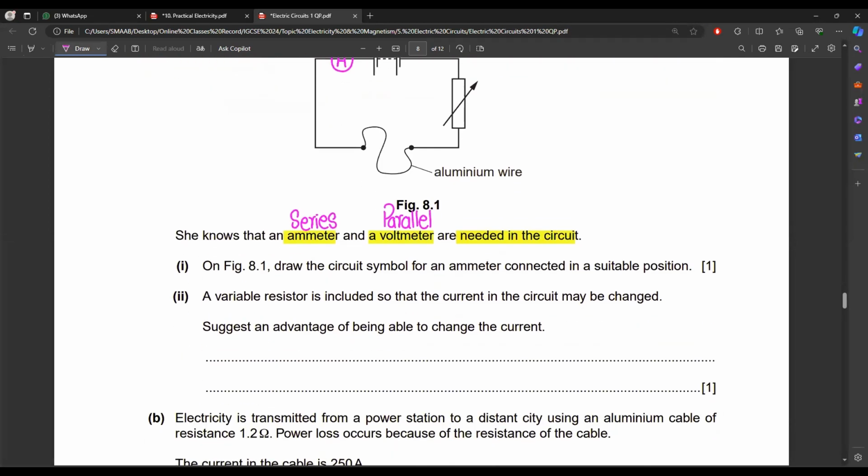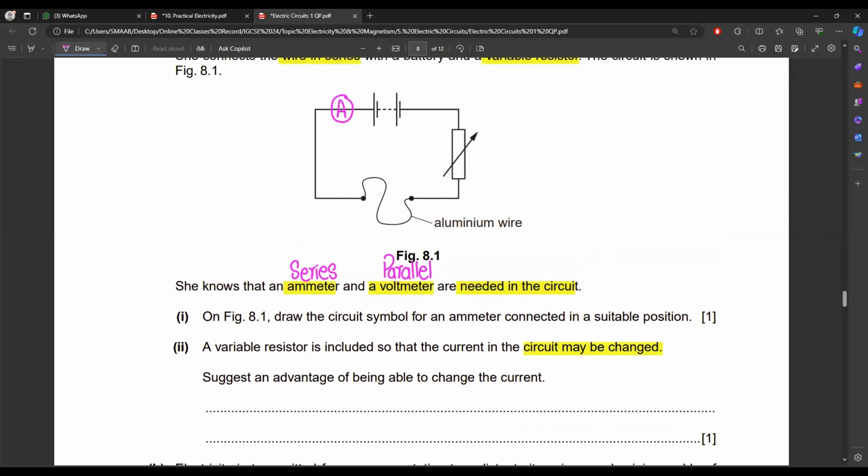And in the second part, a variable resistor is included so that the current in the circuit may change, because when the resistance changes, definitely the value of current changes. So suggest an advantage of being able to change the current. So what is the advantage of using different values of electric current?